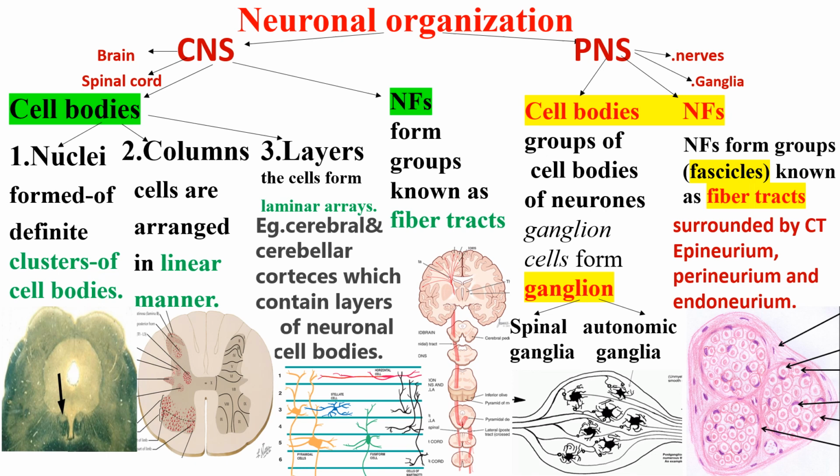The nerve fibers in peripheral nervous system are arranged in fascicles, known also as fiber tracts. But in case of peripheral nervous system, the tracts are arranged in groups and surrounded by connective tissue present in three levels.